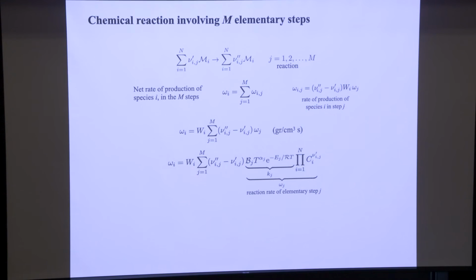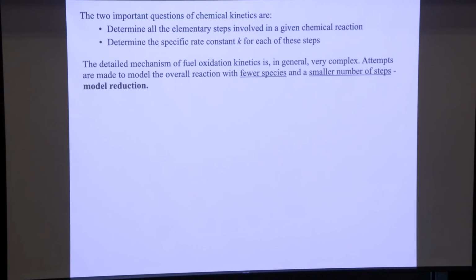When you have many reactions, you have to write such an equation for each reaction. Since I'm not going to deal with this, I'm going to skip that. Some of the most important questions in chemical kinetics are to determine, first of all, for a given oxidation, what the elementary reactions involved are, and second, to determine the specific rate for each step.